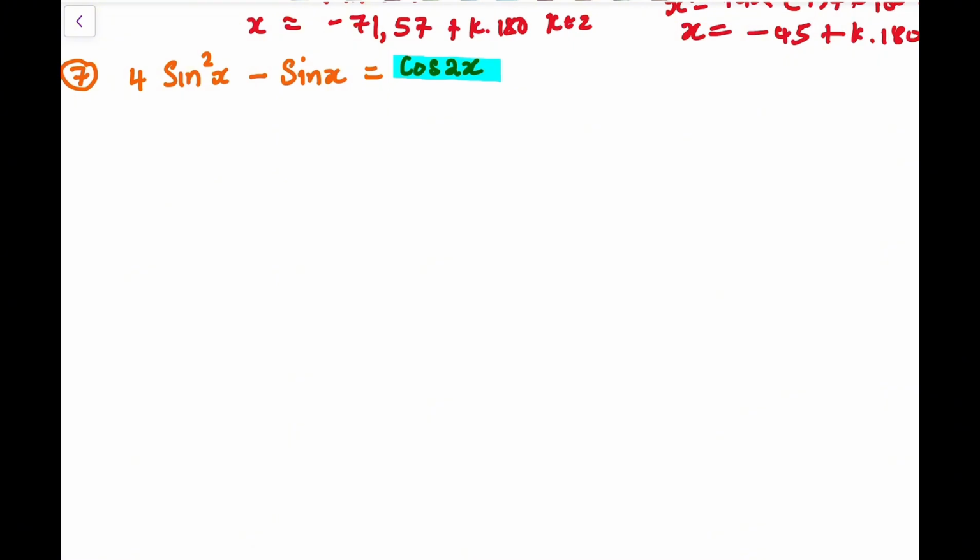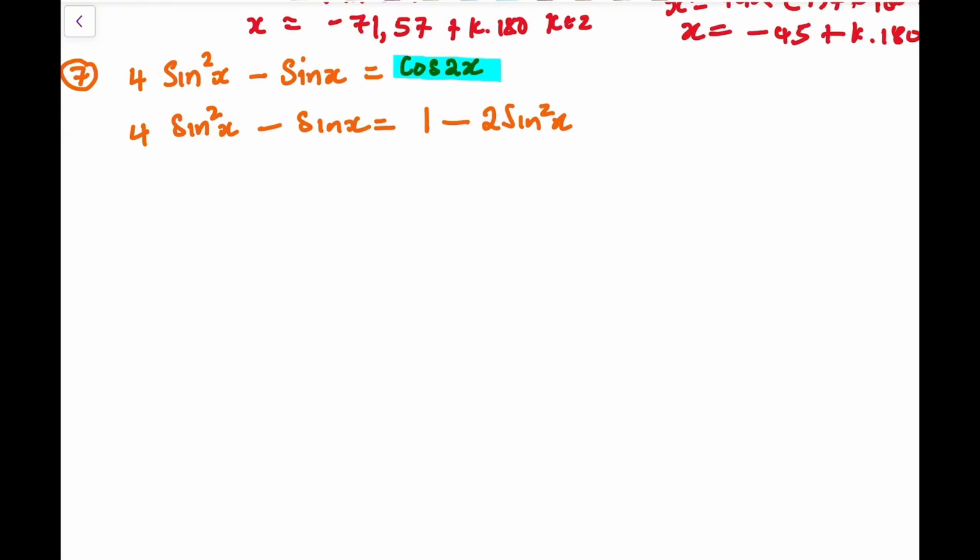So when we change this double angle, we must choose the one that has sine. So I will have 4 sine squared x minus sine x is equal to 1 minus 2 sine squared x, because cos 2x is the same as 1 minus 2 sine squared x.